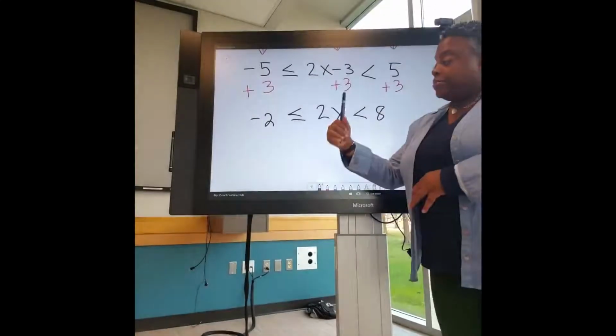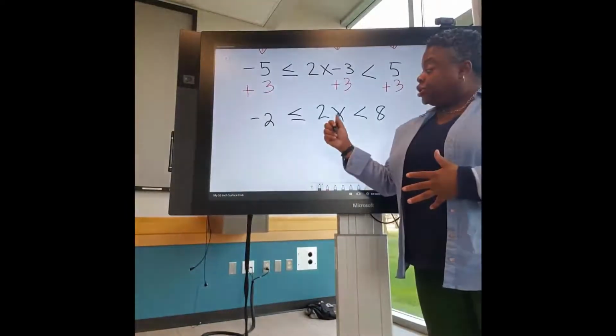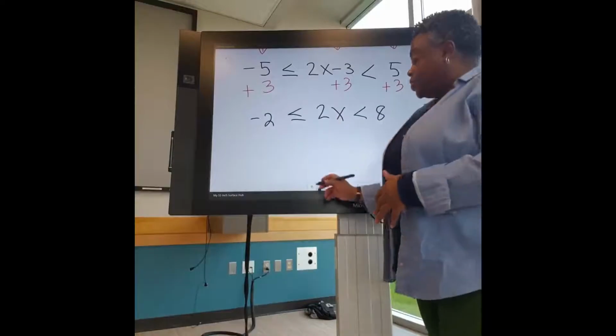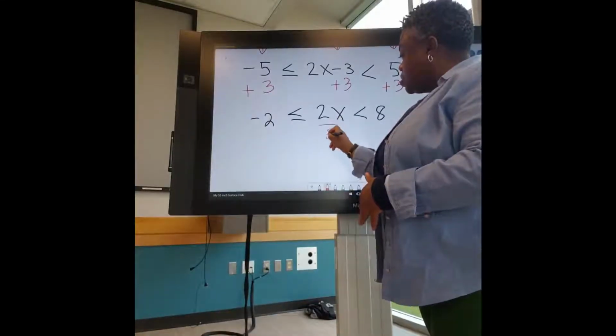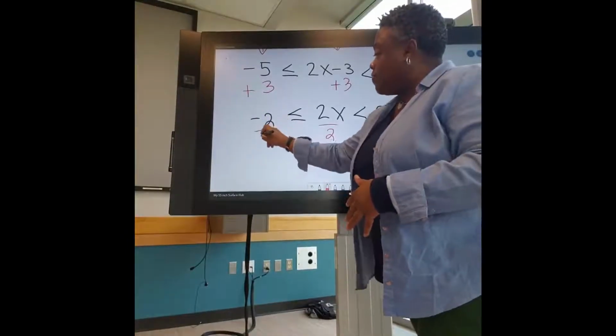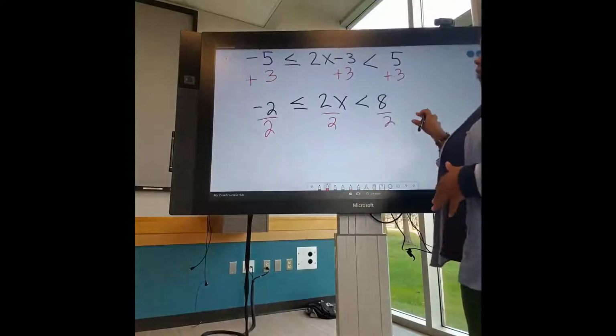Now I'll go back to my mother, that's in the middle, and I want to divide by 2. I need to divide by 2 to get it away from the x. So I need to divide by 2 for my child on the left and my child on the right. So I do that.